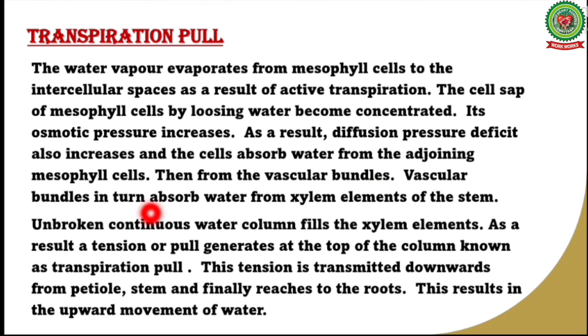Vascular bundles in return absorb water from xylem elements of the stem. An unbroken continuous water column fills the xylem elements. As a result, a tension or pull is generated at the top of the column, known as transpiration pull. This tension is transmitted downward from petiole, stem and finally reaches the root. This results in the upward movement of water.